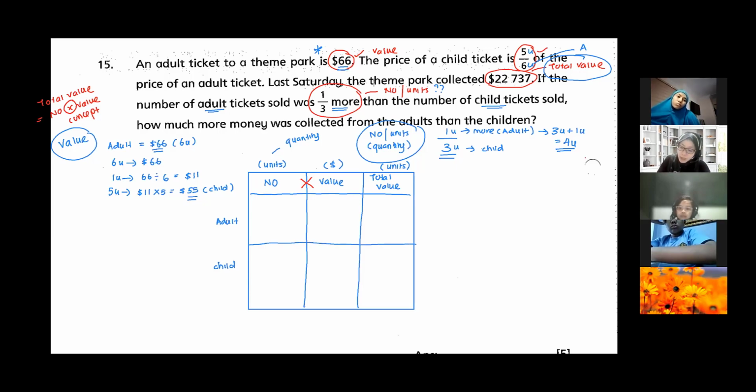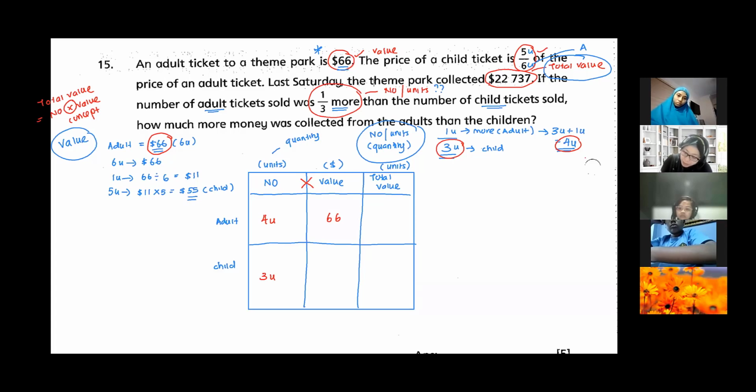Now let's look at adult. Adult number is 4 units. Put there 4 units. Then child number: the child is 3 units. Adult value: the value of adult tickets is $66. So put there 66.